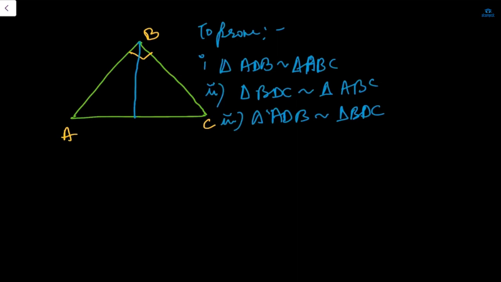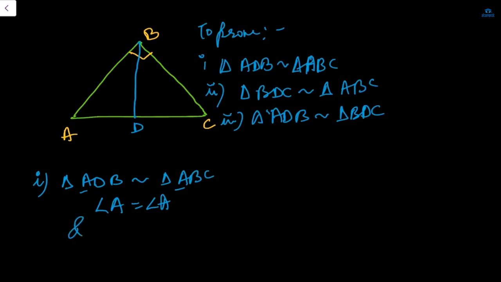Now look here in both the triangles. So the first one we are going to take: triangle ADB is similar to the bigger triangle ABC. In both, angle A is common. So angle A is equal to angle A, common angle.